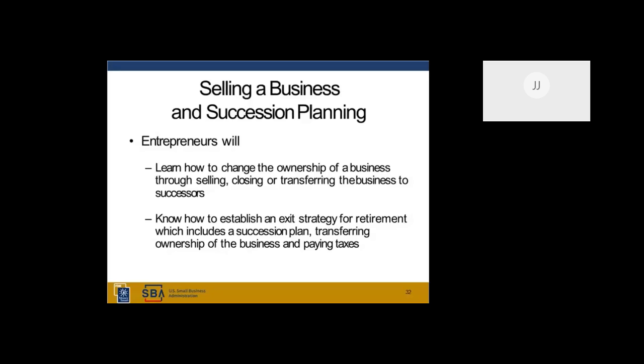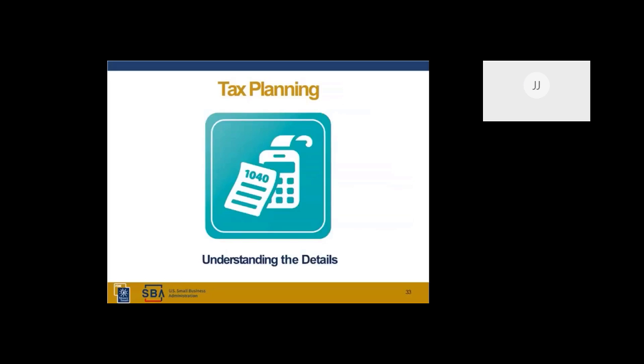This module might be best for companies in all stages of development, because you may have to be thinking about an exit strategy, but it's especially important to those who are thinking about selling or transferring ownership in the near term. That's going to be slightly more relevant to them. So, good topics for that module.